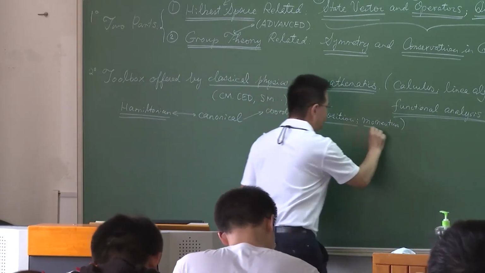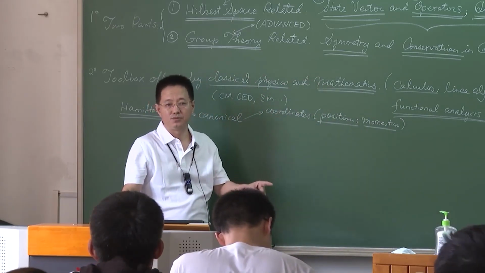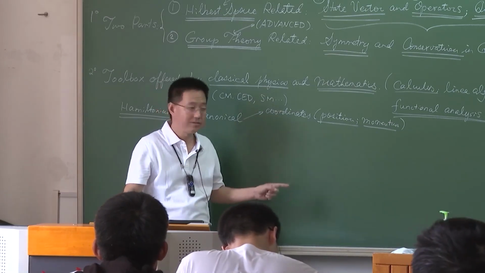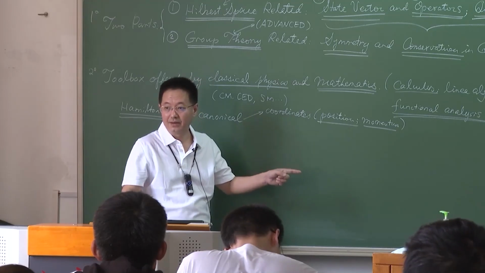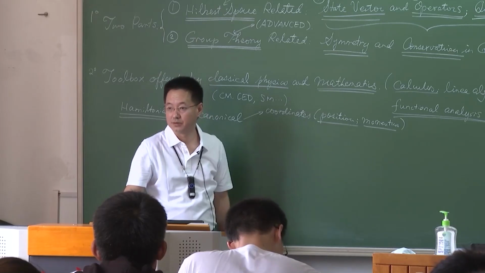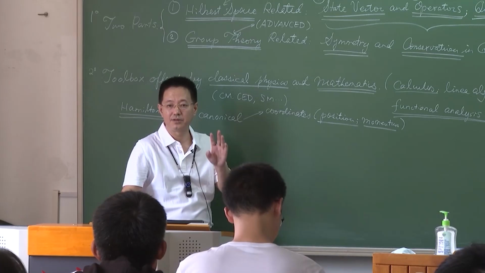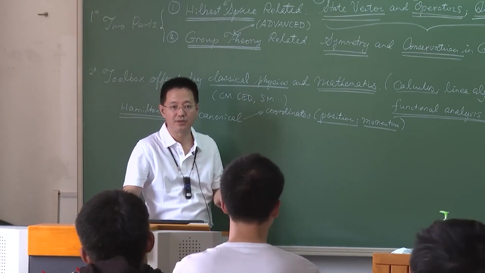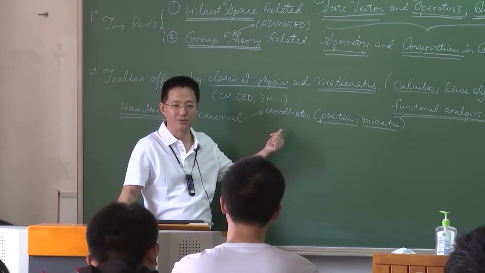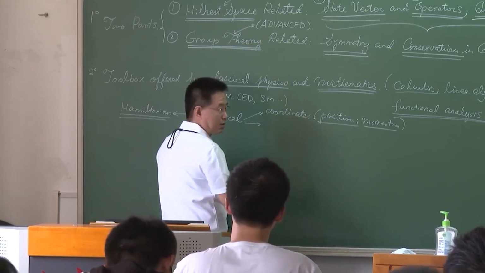So in quantum mechanics, keep in mind that all of the positions and momenta should be canonical, and not the kinetic position or kinetic momentum. They should be the canonical position and canonical momentum. Remember that. That's a very important thing. In quantum mechanics, all of the positions and all of the momenta should be canonical coordinates. Okay, that's a very important key. And also we have the canonical commutator.